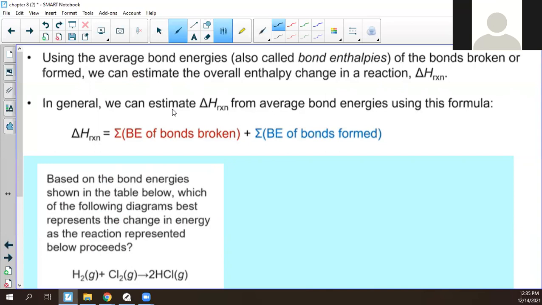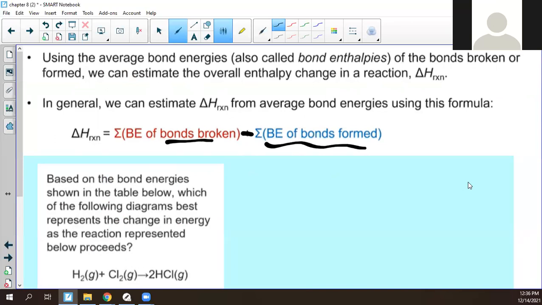In general, we can estimate the heat released from bond energies using this formula. We take the sum of the bonds broken and, this is different than I teach you, I'm going to put a minus here.